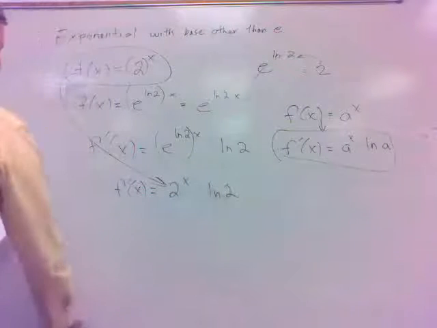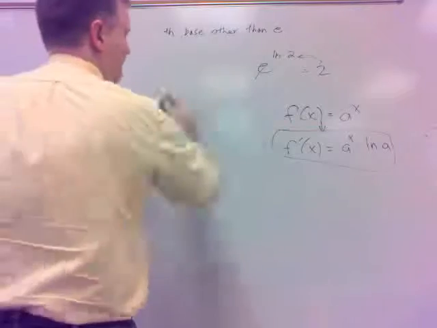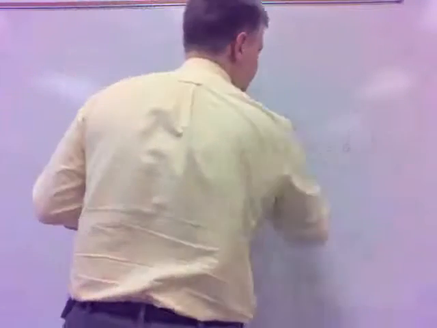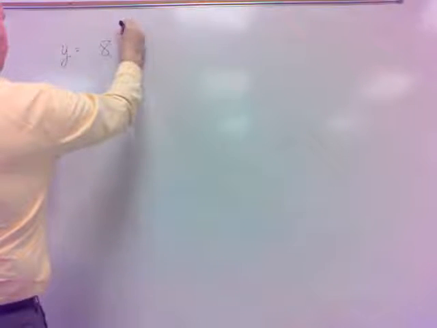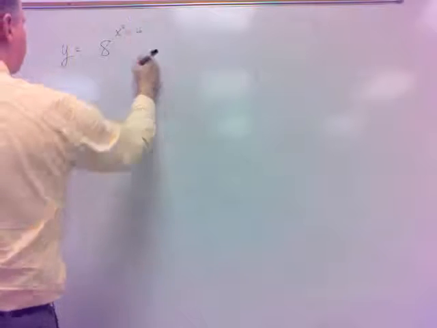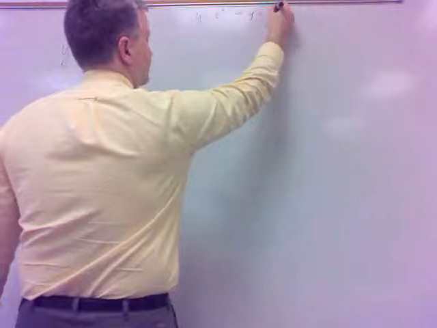All right. Well, let's try those out for size here. Okay, so if we've got y equals 8 to the x squared minus 4. Well, if it was just 8 to the x, the derivative would be 8 to the x times the ln of 8.